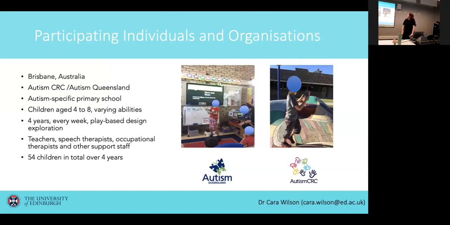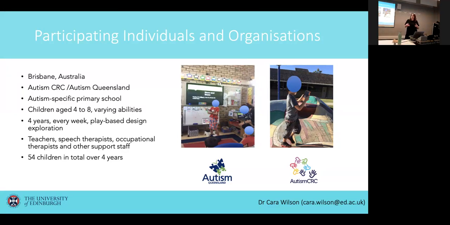And a little bit more about the context I was working in. So again, it was in Brisbane. It was working with the Autism CRC, Cooperative Research Centre, and the Autism Queensland School with children aged 4 to 8. And I was hugely lucky to get to go in as often as I wanted, but usually it was once or twice a week over a course of 4 years, which anyone who's done any PD or co-design will know is not access that's readily available.